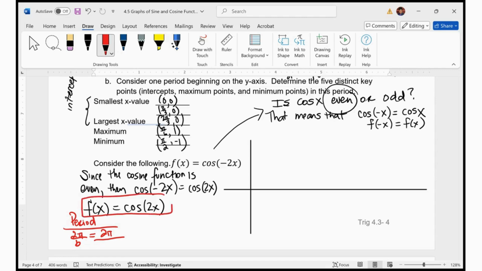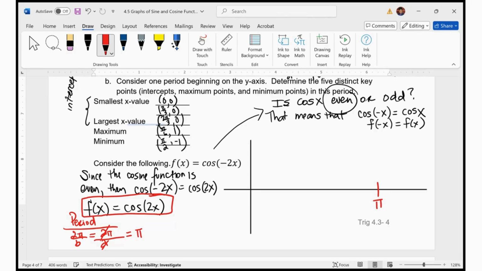All right, what is B? 2. Okay. Therefore, the period is pi. All right. So let's put pi here.